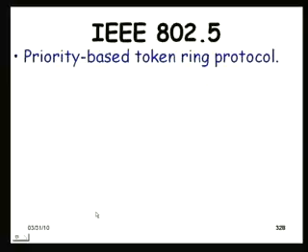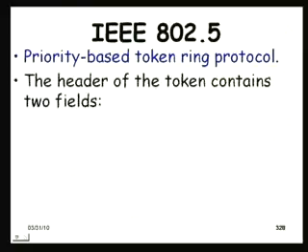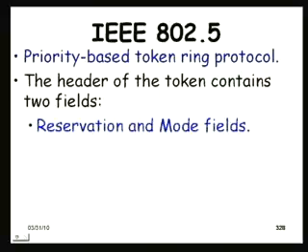Now, let us look at the IEEE 802.5, which is a priority based token ring protocol. We had seen that token ring has some advantages over a bus protocol. So, here the header of the token contains two fields, a reservation field and a mode field.